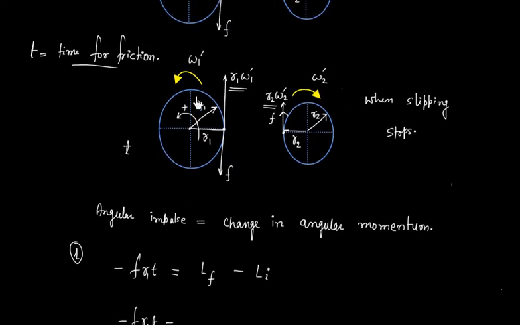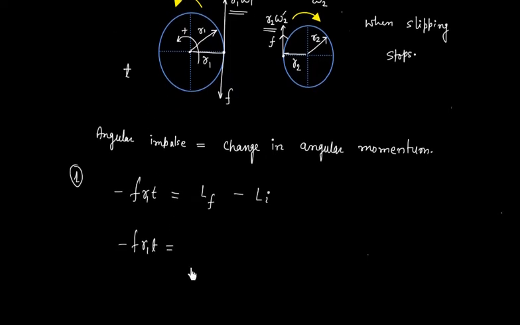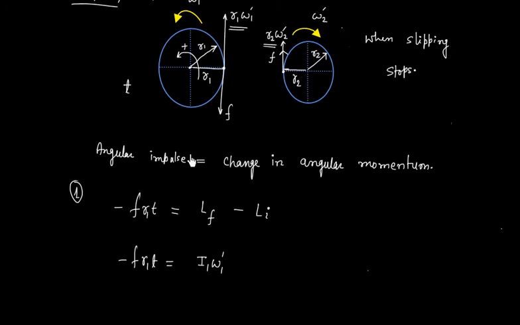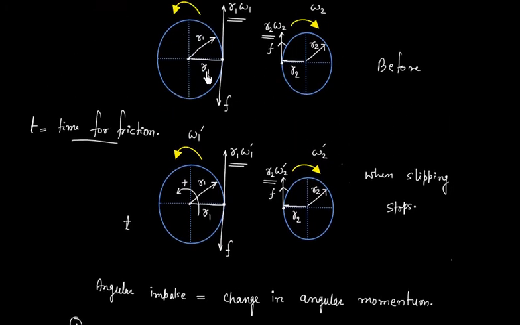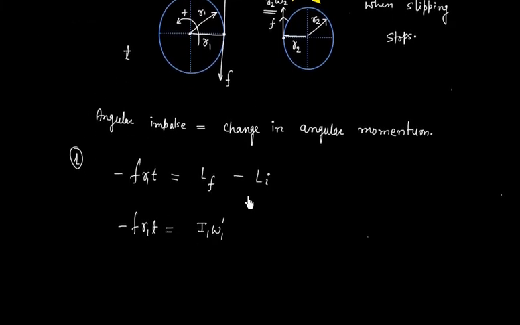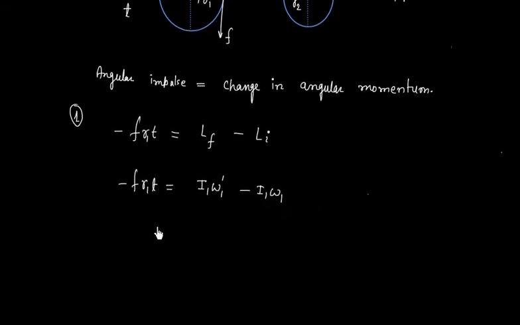Final angular momentum is I1 into omega 1 dash, and this is positive because we have taken this direction as positive, minus initial angular momentum, that is I1 into omega 1. Let us call this equation 2.